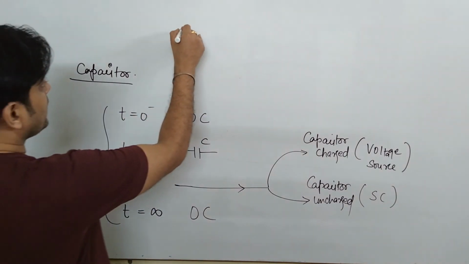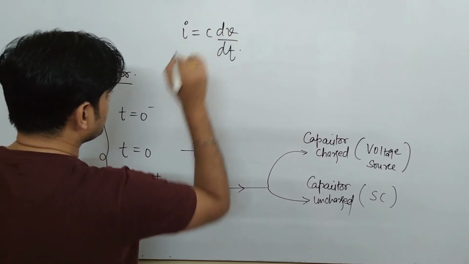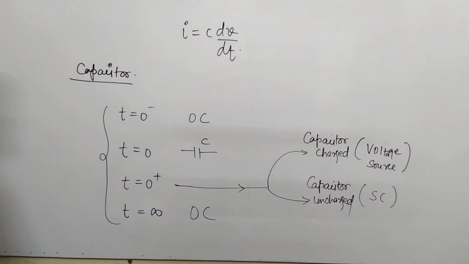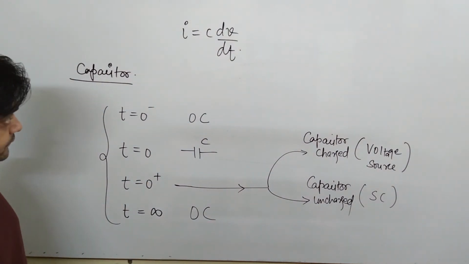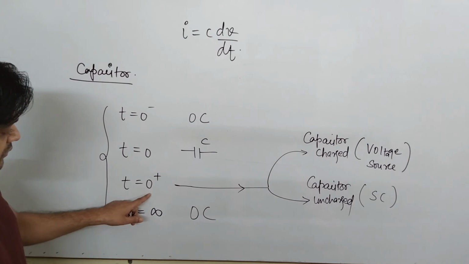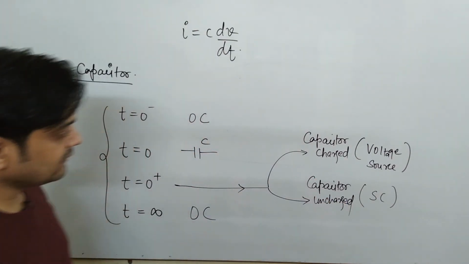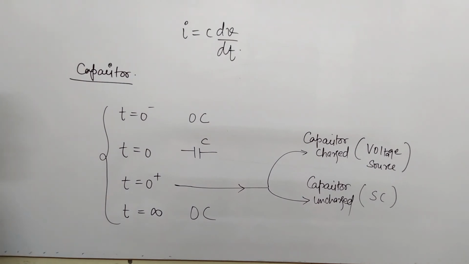Now you know that i is equal to C dV by dt. Let us try to understand this concept a little. The capacitor is an open circuit at t equal to 0 negative, but at t equal to 0 positive, we are saying that an initially uncharged capacitor behaves like a short circuit.